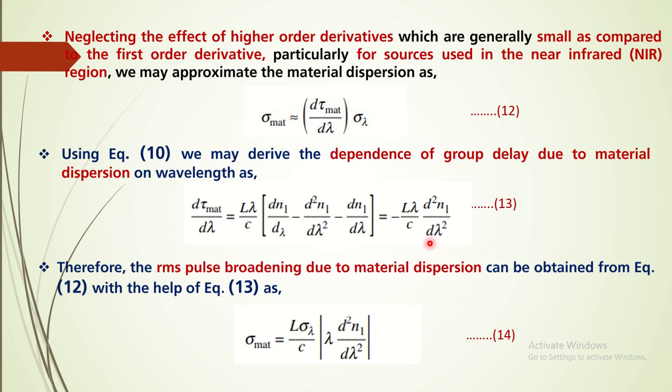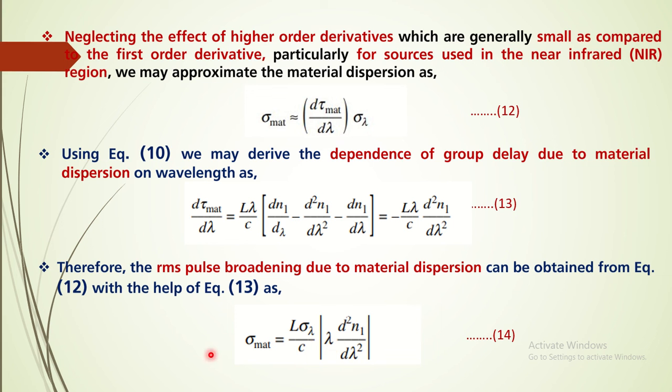I am going to substitute this in equation 12. When I substitute, you will get sigma mat is equal to L sigma lambda divided by C into modulus of lambda into d square n1 divided by d lambda square. Here L represents the length and C is the velocity. Sigma lambda is the spectral width, and the source is operating at wavelength lambda.